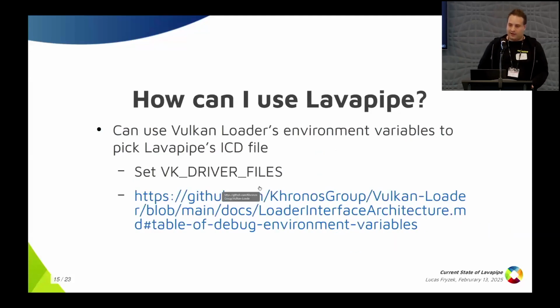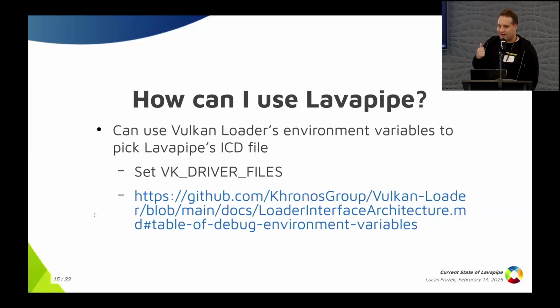On top of that, if you're not as familiar with the driver implementation side of Vulkan, one of the nice improvements from Vulkan over OpenGL is we have this beautiful thing called the Vulkan loader, and it's a very nice portable way to load different drivers following a fairly common interface using ICD files. So when you get Lavapipe, assuming it's not an official package, you'll need a way to load it.